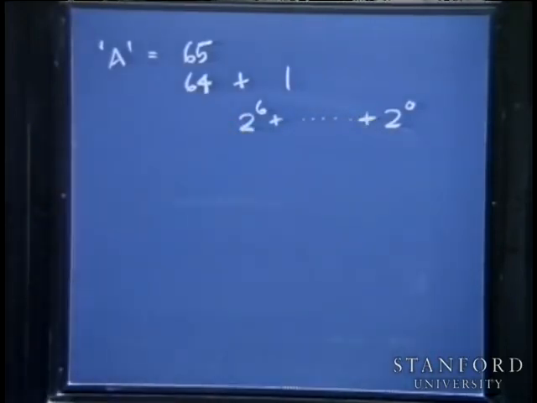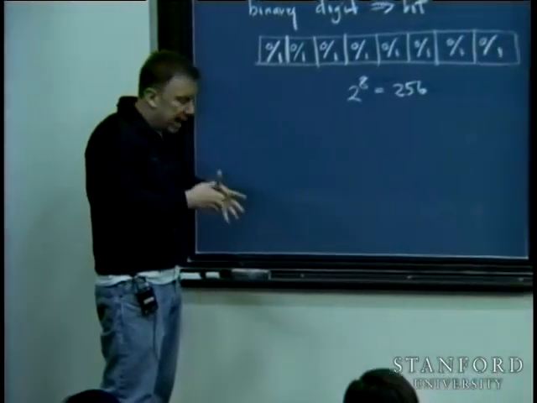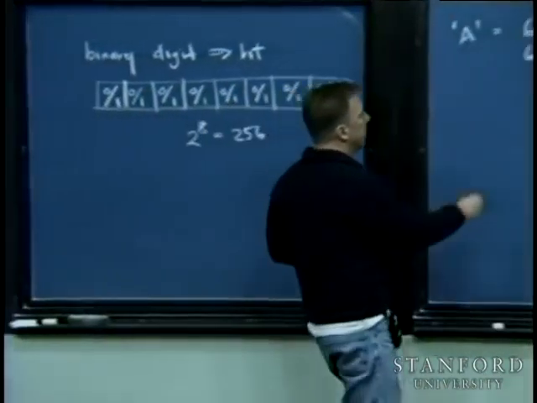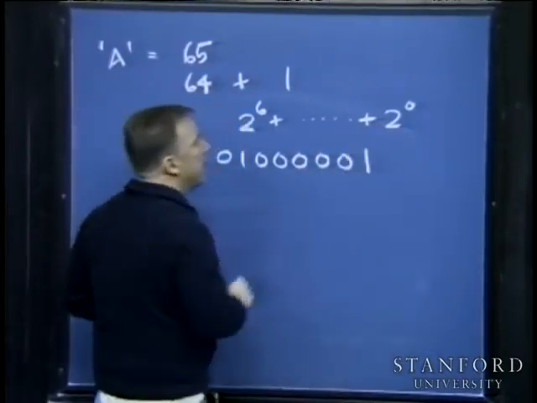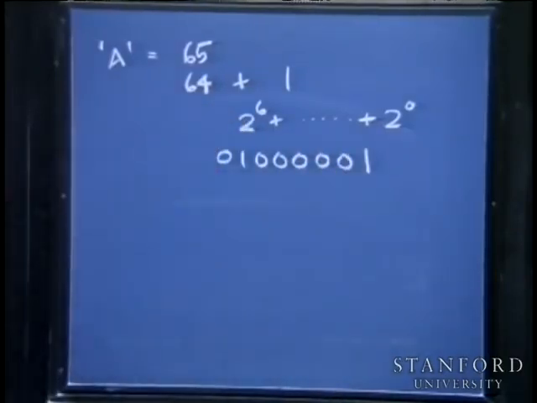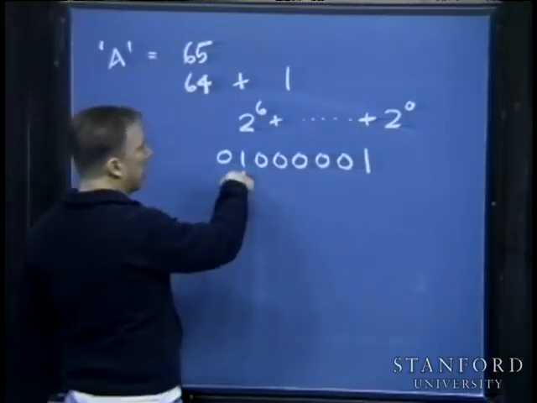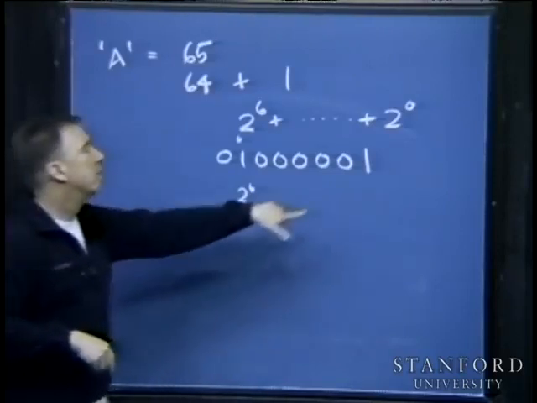As far as the representation in a box like this, if you went down and actually examined all the transistors, the 8 that are laid side by side in a single character byte of memory, it would look like this. And in order to recover the actual decimal equivalent, you do the power series expansion, where you say there's a contribution of 2 to the 6 because it's in the 6th position, counting from 0 from the right.